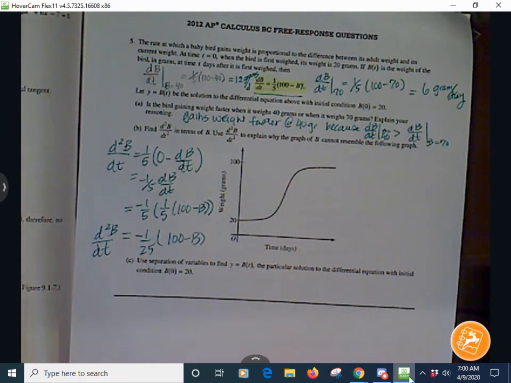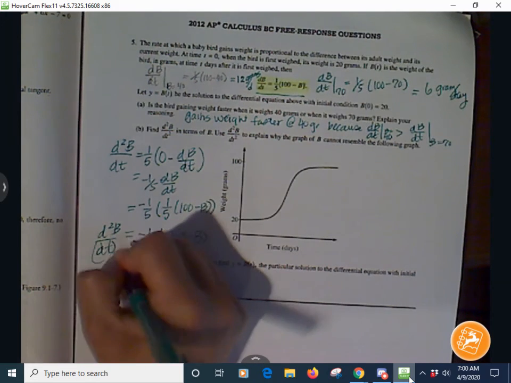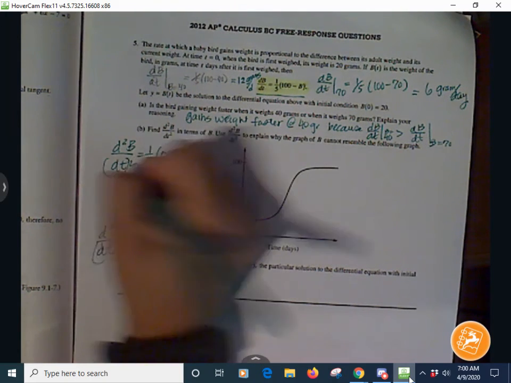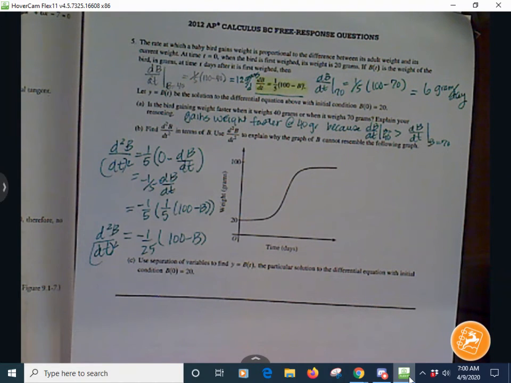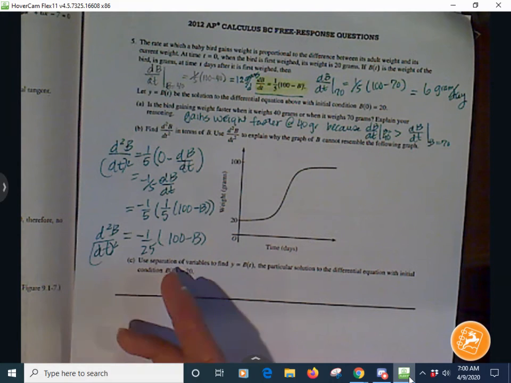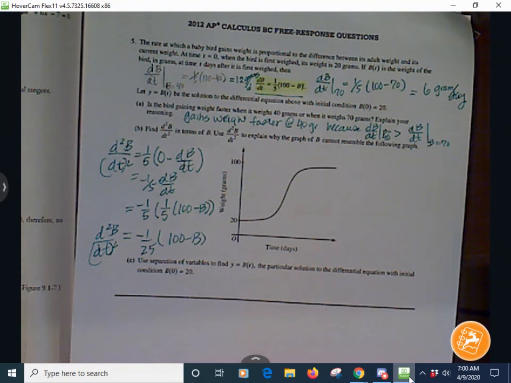Well, we have the second derivative, which I didn't do proper notation. I have the second derivative here. And what does the second derivative tell us about the graph? It tells us the concavity. So I need to figure out how this is going to help me with the concavity. So maybe then I find some critical numbers. So let's see.